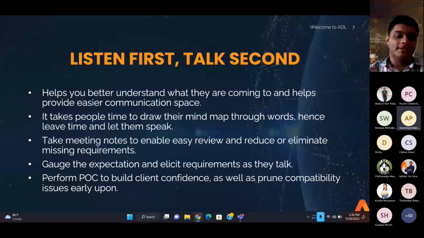And also you can take notes in the meetings, and it will definitely help you easily review and reduce or eliminate the chances of missing requirements when it is business analysis or similarly at any level. It would help reduce, because it's hard to actually have everything in your mind. So definitely it's not rude to take notes.